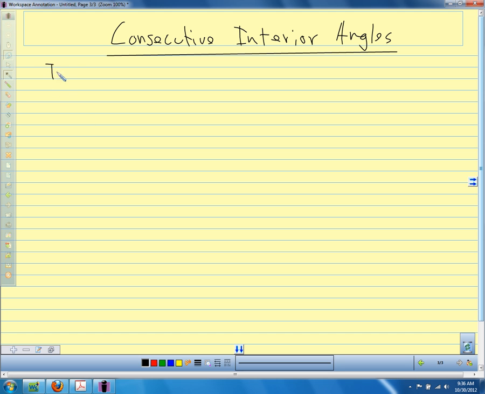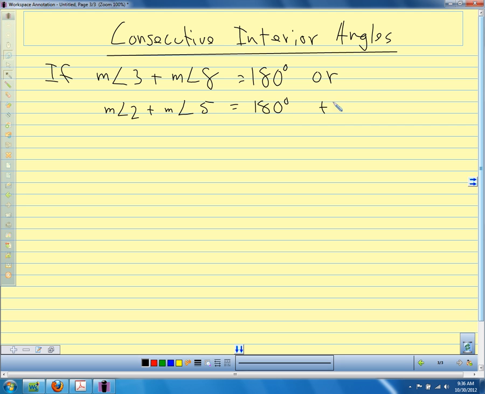If the measure of angle 3 plus the measure of angle 8, the same side interior angles, add up to 180 degrees, or the measure of angle 2 plus the measure of angle 5 equals 180, then the lines are parallel.